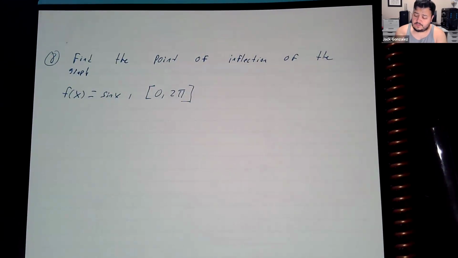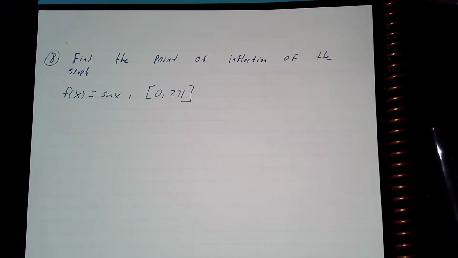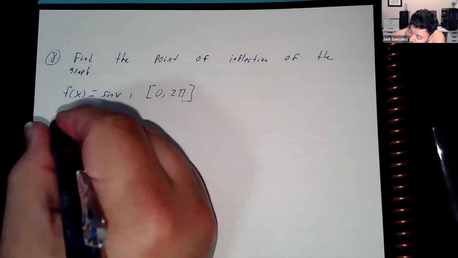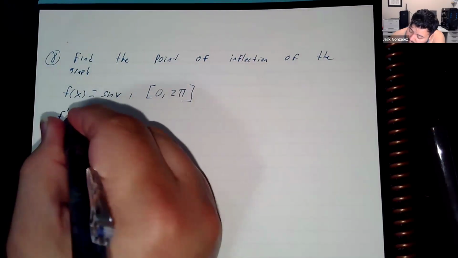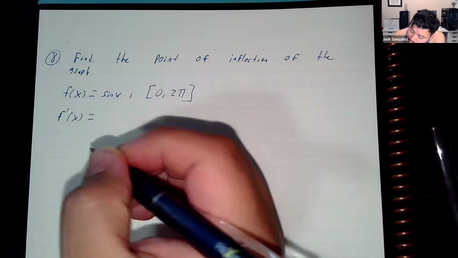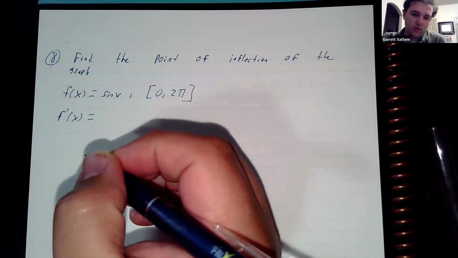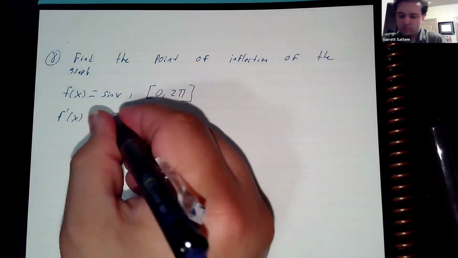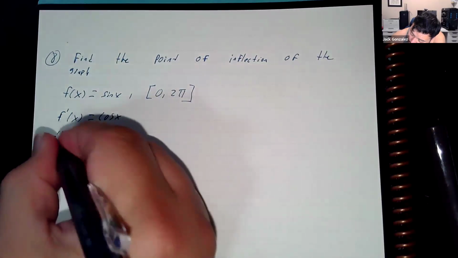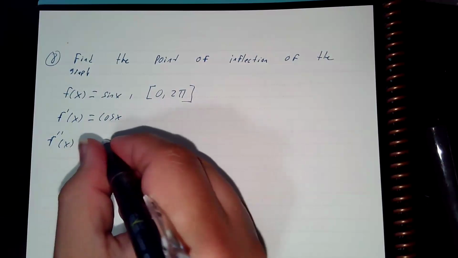So to find inflection, what do we got to do? We need the second derivative. So what's the first derivative? Cosine. What's the second? Negative sine. Okay, so set this to 0.